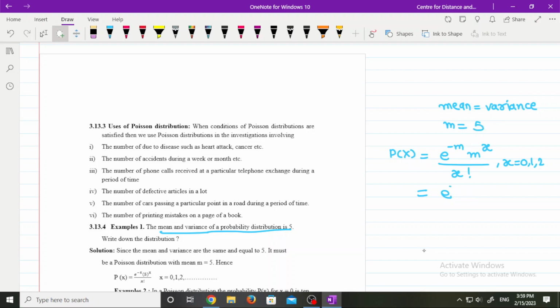So we get e raised to minus 5, 5 raised to x divided by x factorial. This is our Poisson distribution for x equal to 0, 1, 2, and so on.